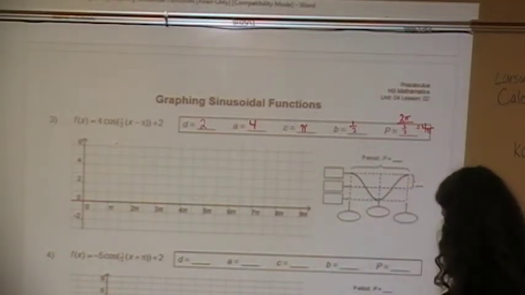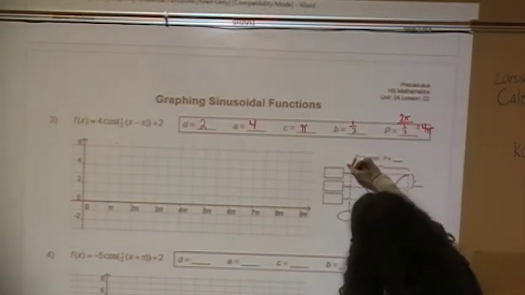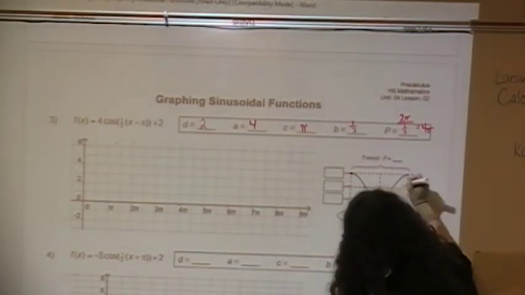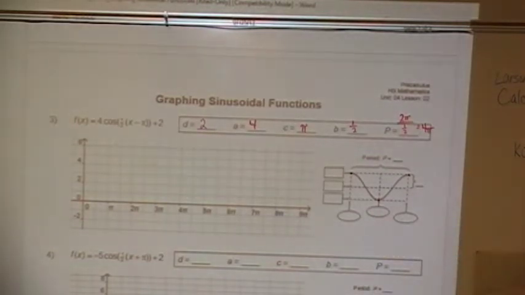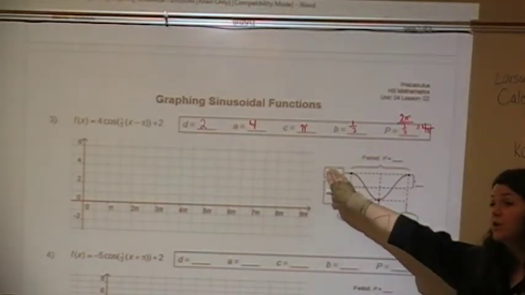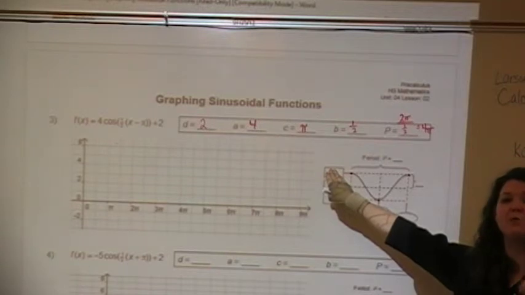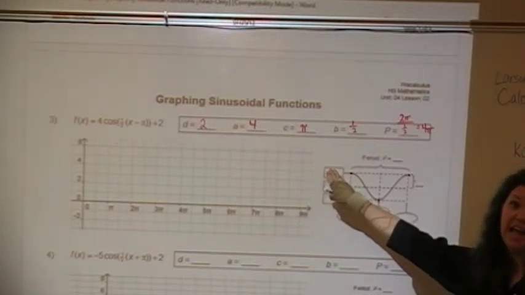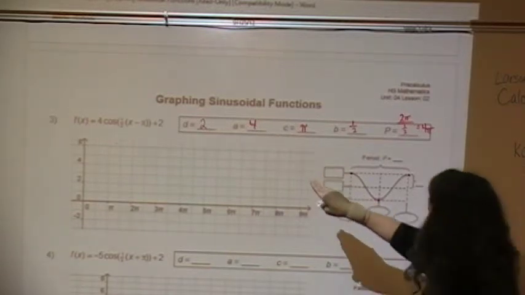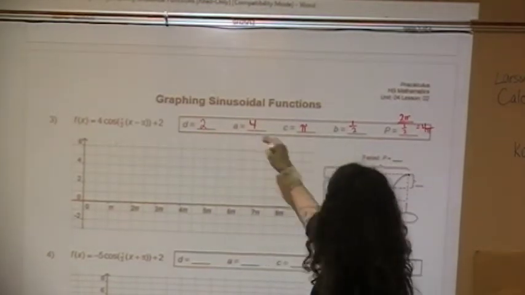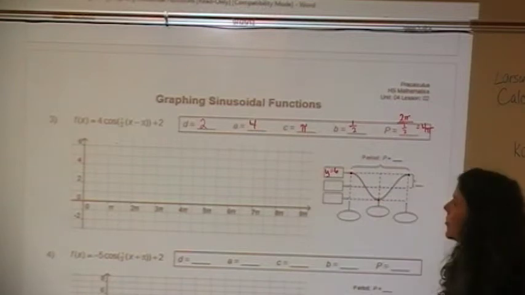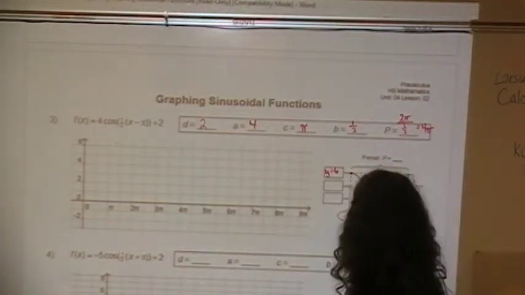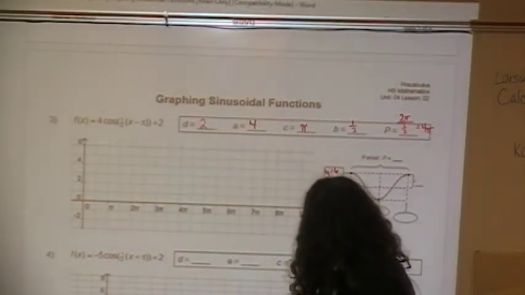So this time, because this is cosine, I start with a peak, I have a valley, and I need a peak. All right, so now I need this box, which is y equals D plus A. So D plus A would make this y equals 6. This is still the same, x equals c, so x equals pi.